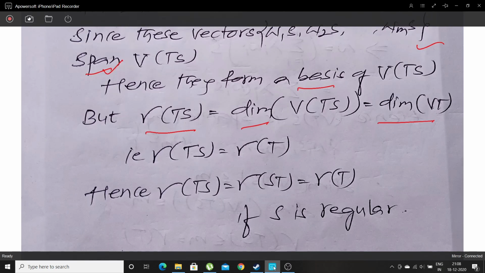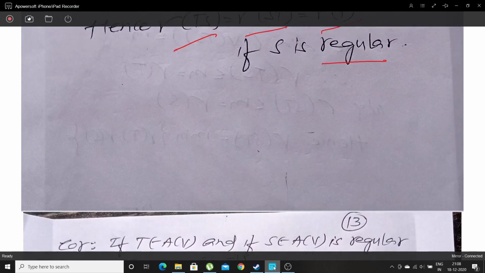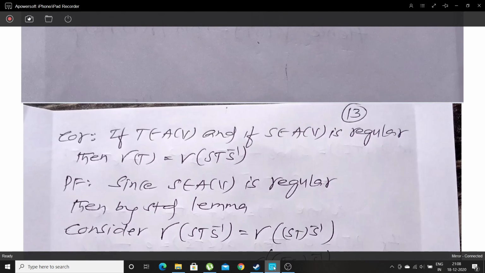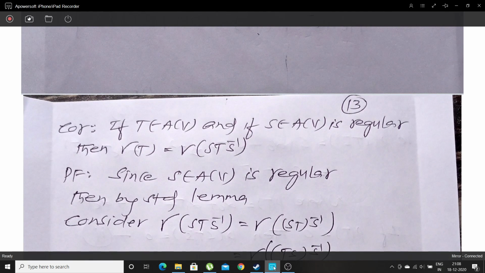Gamma of Ts is equal to gamma of T. That means rank of Ts is equal to rank of T. Hence, rank Ts is equal to rank St, and this is equal to rank T. This is possible only when S is regular. This completes the proof of the lemma.